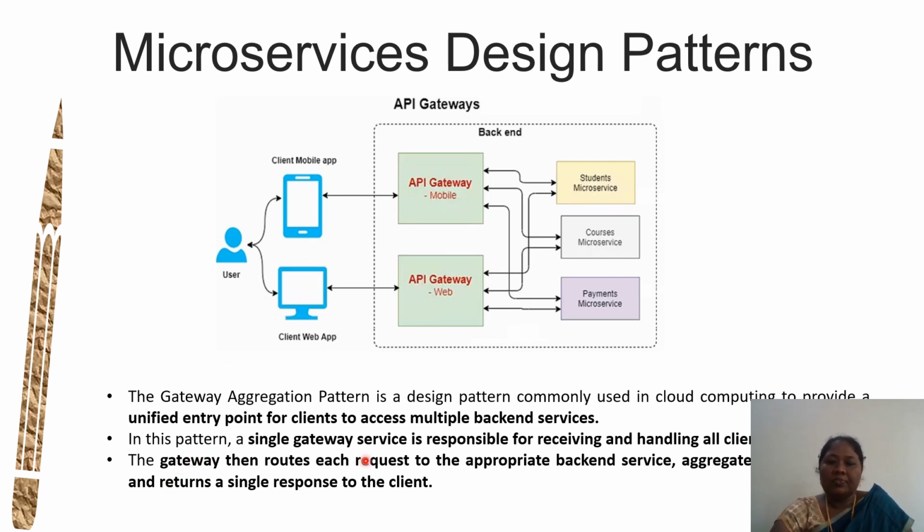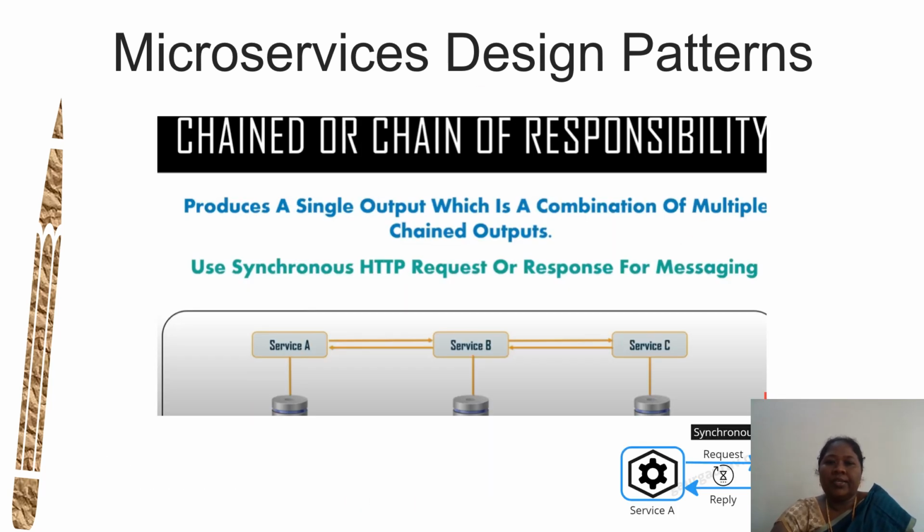In this pattern, a single gateway service is responsible for receiving and handling multiple client requests. The gateway routes each request to the appropriate backend service, aggregates the responses, and returns a final single response to the client. You can include such design patterns in your application.